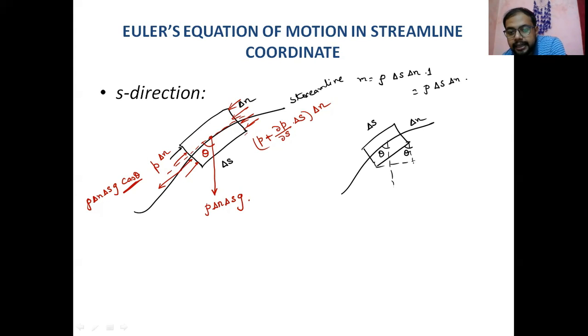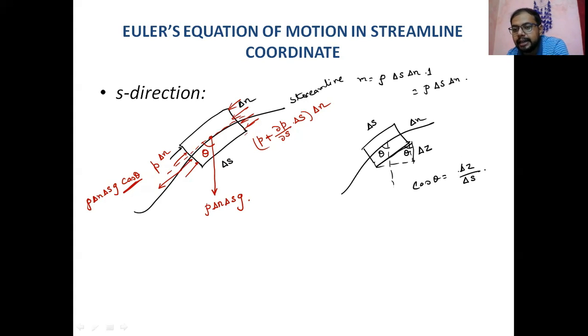So this part is del S and this part is del Z, the potential difference. Now cos theta can be written as del Z by del S.